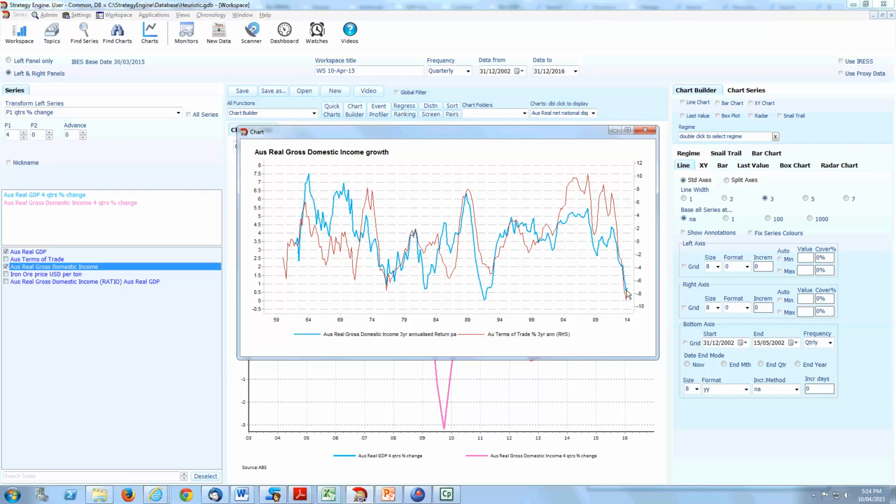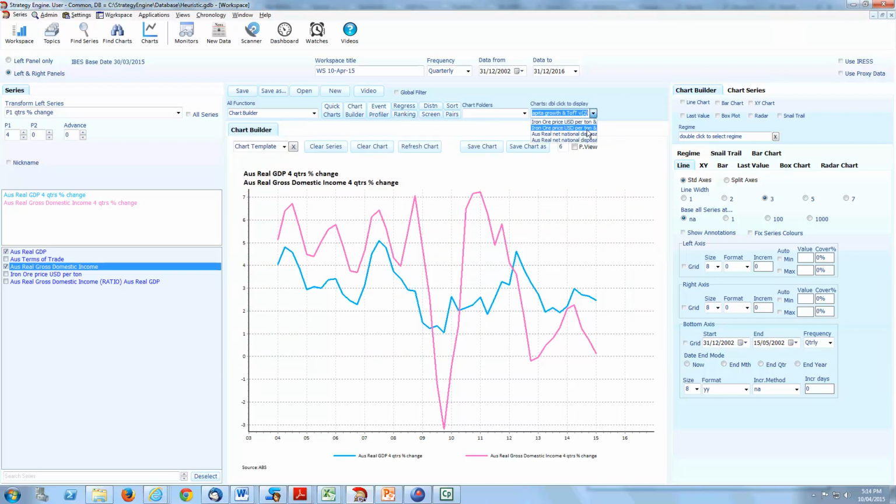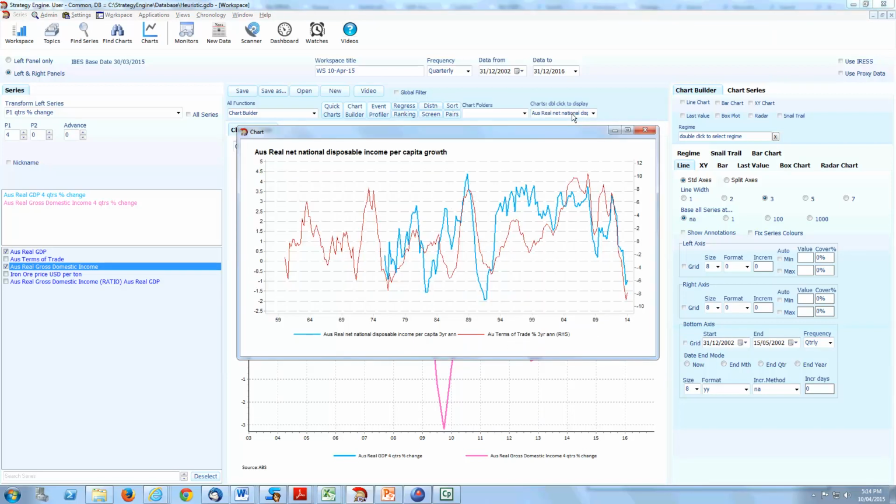You can see it's now growing over the past 3 years at a rate of around 0.5%. The terms of trade has been declining, red line, right-hand scale, at around 8% per annum. So you can see that the two have been closely tied, and the blue line, real gross domestic income, is at recessionary type levels.